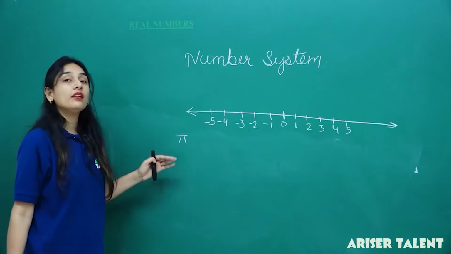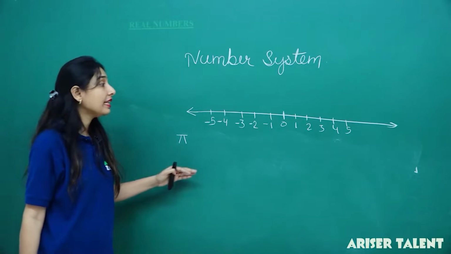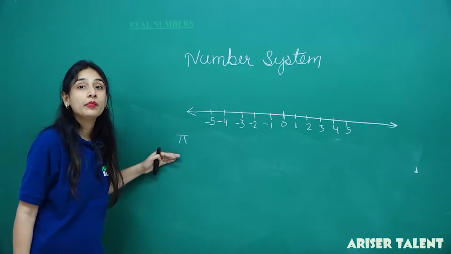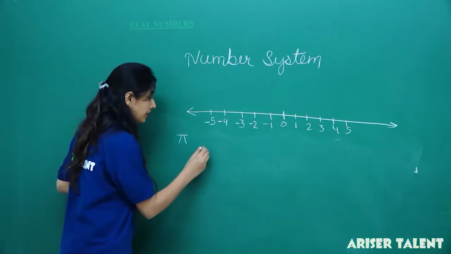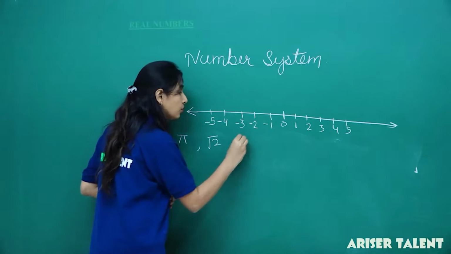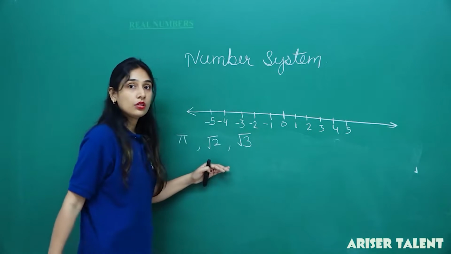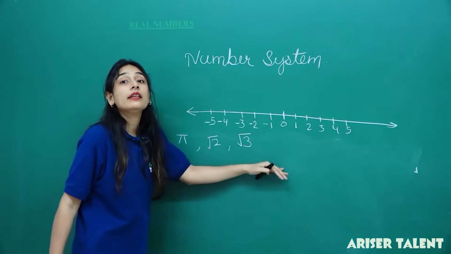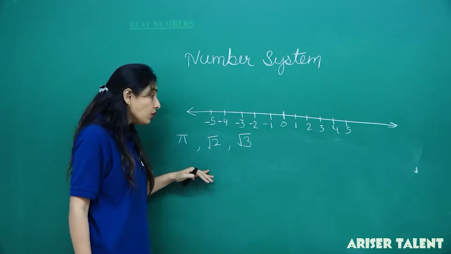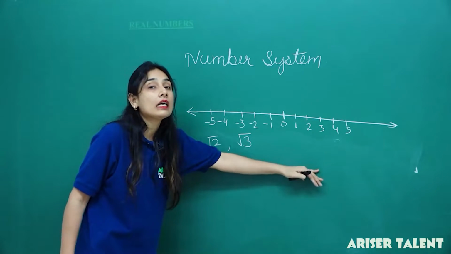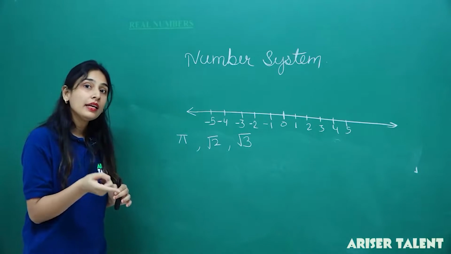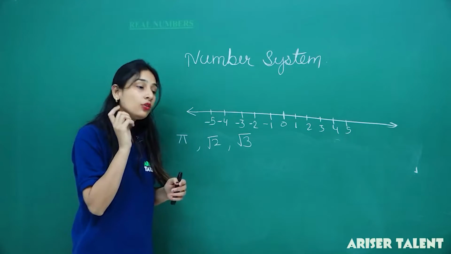If we calculate the value of pi, it will never terminate. Okay, so it is non-terminating. We are having root 2, root 3 values. Okay, these values not only don't terminate but also don't reoccur. So there are some values which are non-terminating and non-reoccurring.